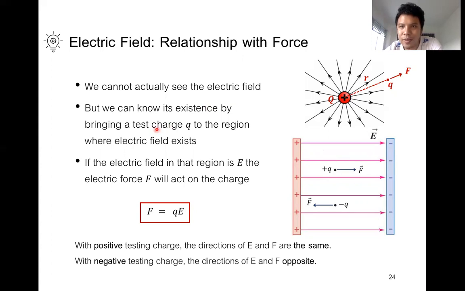But you can feel that it exists by bringing in a test charge Q. If I bring the test charge Q into the region where an electric field exists, just place it in the electric field, you can see that there will be a force acting on the charge Q, and the force will be the product of the electric field intensity and the charge Q.